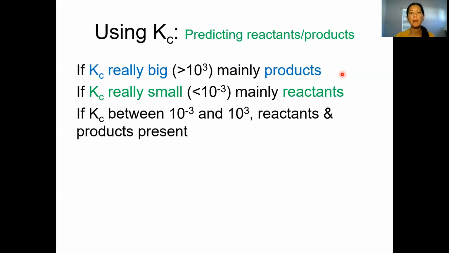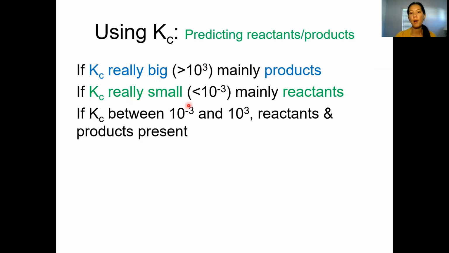So if K is big, that means you have a lot more products than reactants. That means mainly products are present at equilibrium. So whatever you start with, if you let that reaction run, let the equilibrium state occur, then you'll observe mainly products. That's a number that's big, over 1,000.